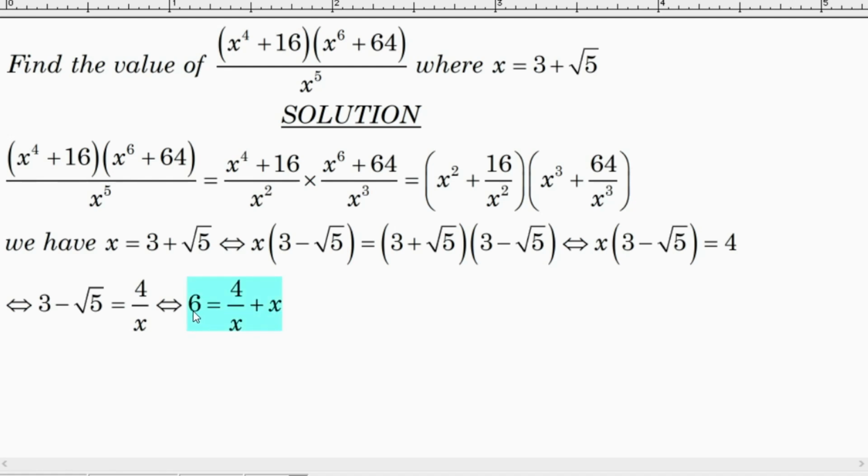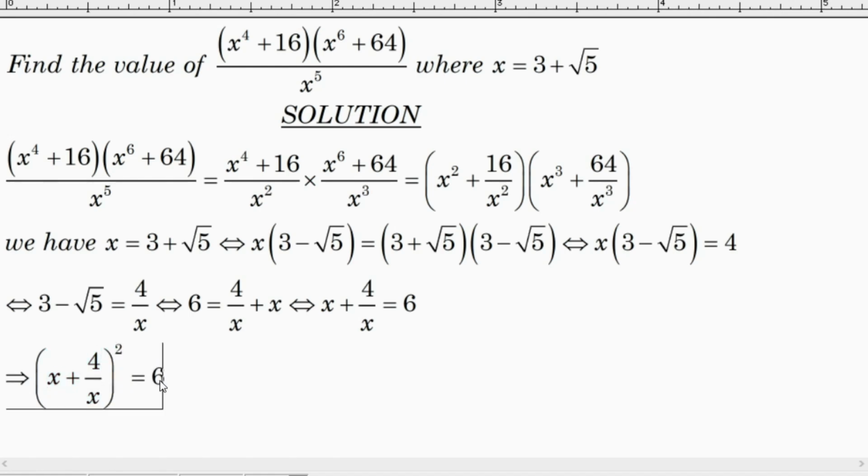Now we can switch the sides of this equation: x plus 4 divided by x equals 6. Now we want to find the value of x squared plus 16 divided by x squared, so we have to square both sides of the equation.